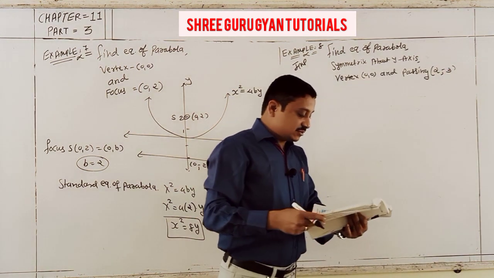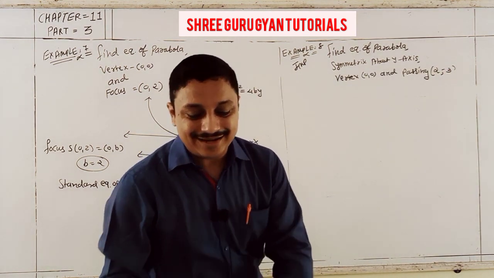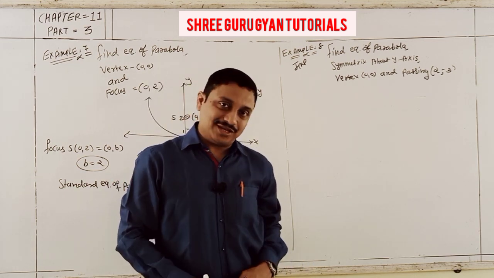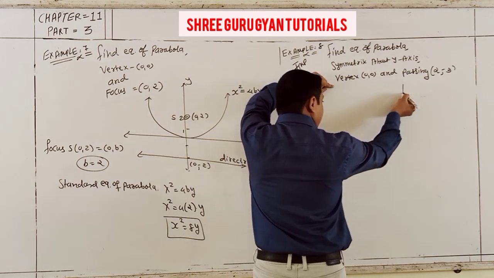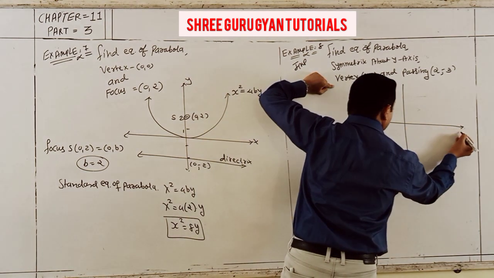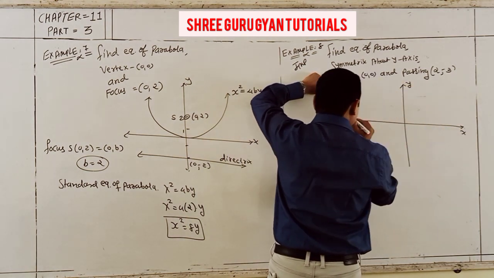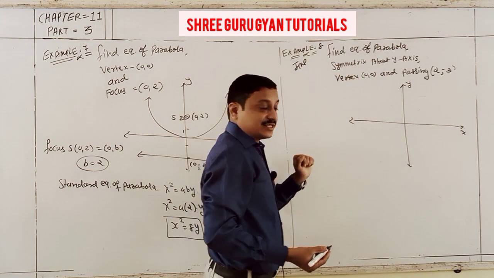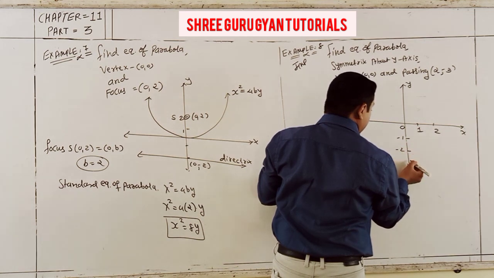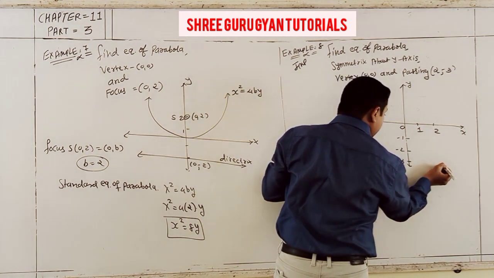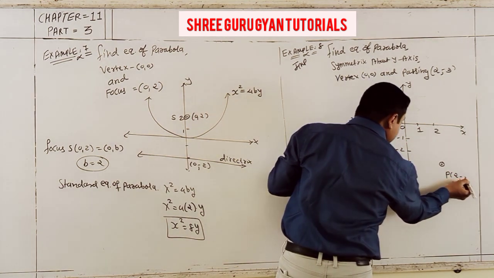Symmetric about the y-axis means, yes, either it is the third case or the fourth case. And after symmetry, it is going to pass through a point. Students, I first plot our passing through point. 2, minus 3 means here exactly 1, 2, minus 1, minus 2, minus 3. You are passing through 2, minus 3.